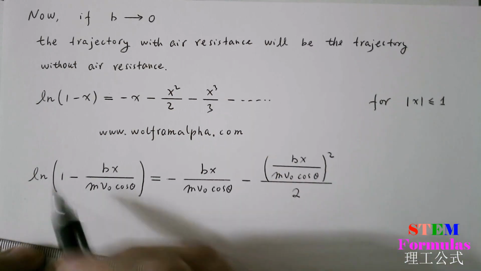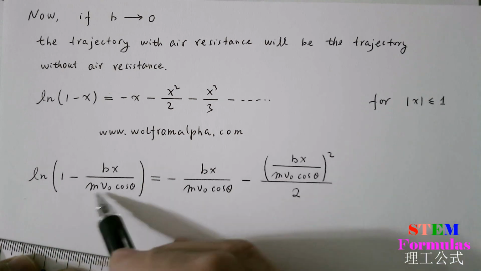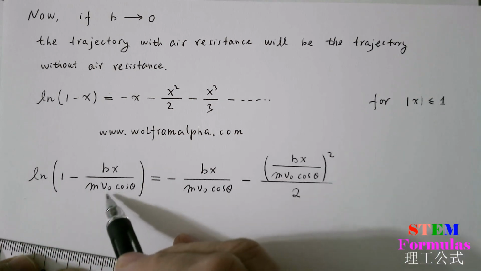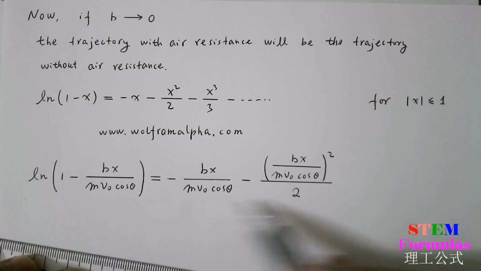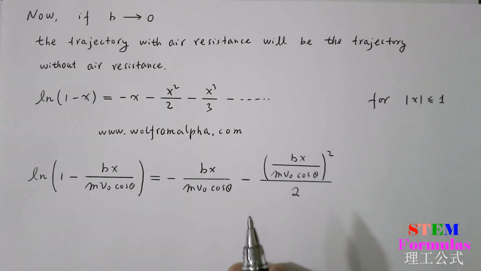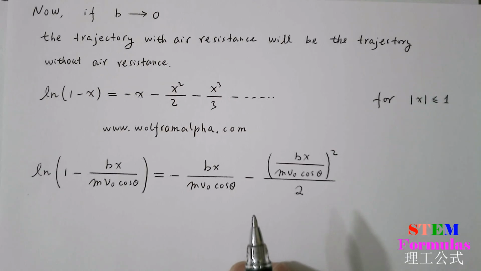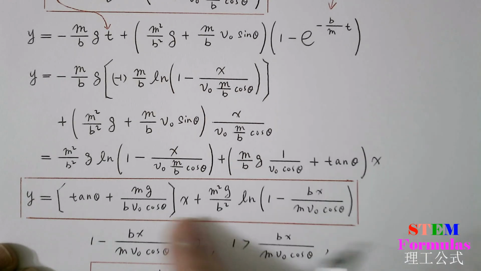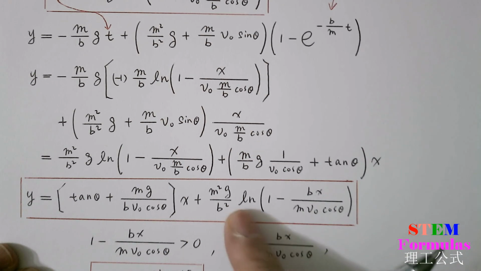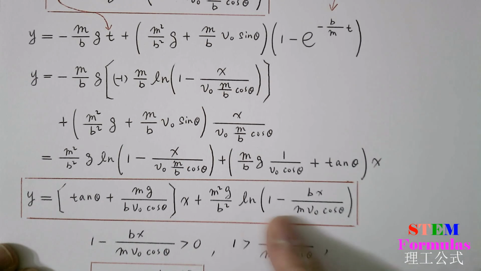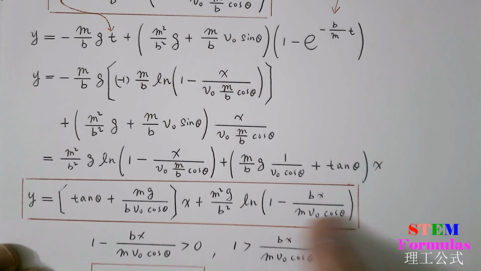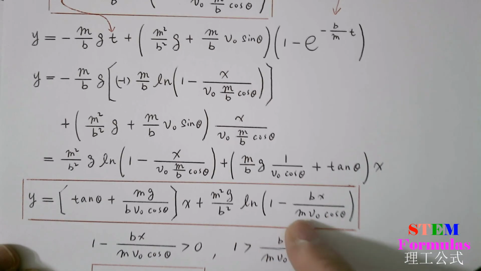So for here we have the logarithm as this expression, then we substitute this expression into the trajectory equation here. We substitute the logarithm of this expression here.